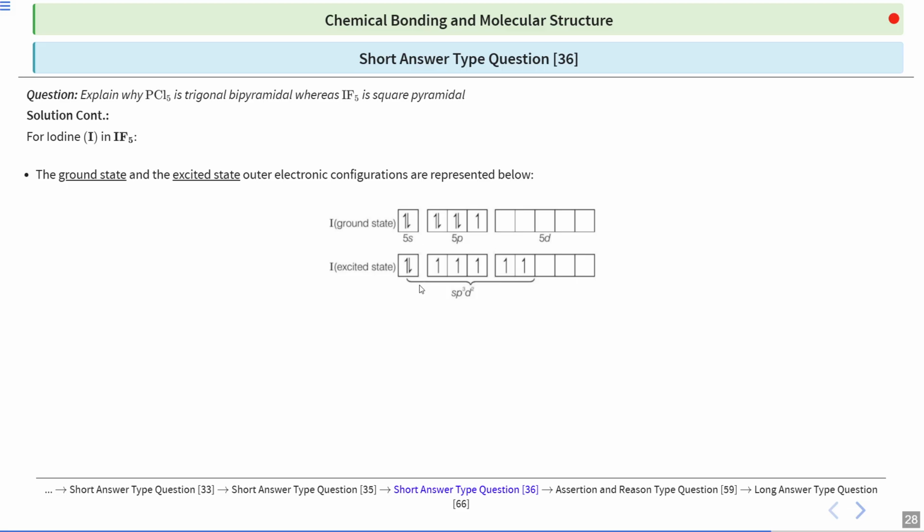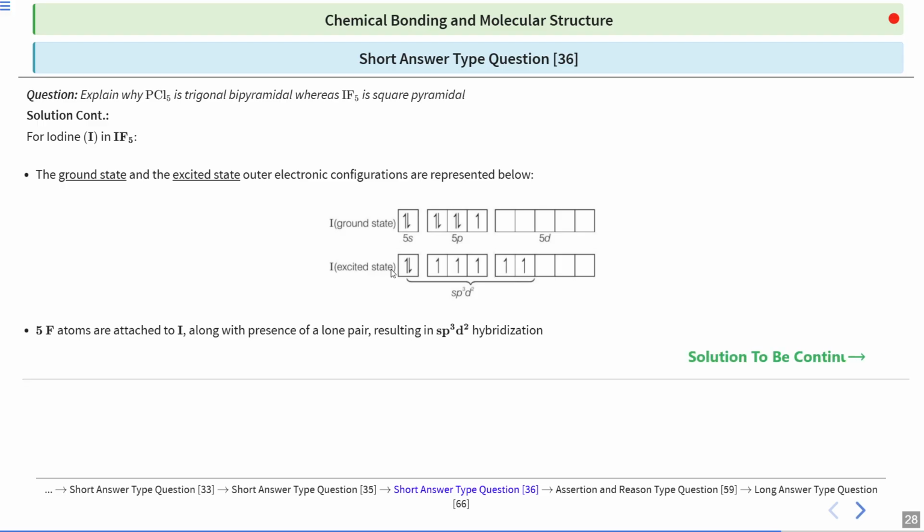Now there will be sp3d2 hybridization, due to which there will be 5 atoms and 1 lone pair. So this is the lone pair. Due to the lone pair's availability, we are seeing an unpaired set of electrons.